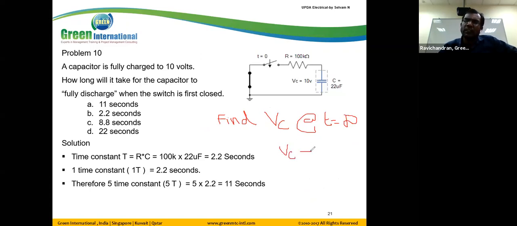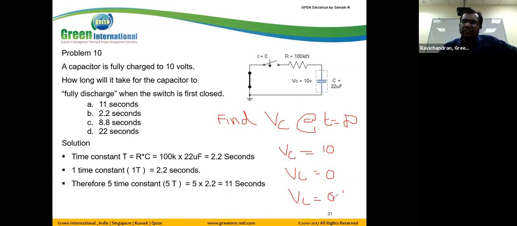Vc is equal to 10, Vc is equal to 0, or Vc is equal to 5 volts. Now they ask at t equal to infinity seconds. Infinity is greater than 5 tau, so beyond 5 tau it is 100% fully discharged. So the capacitor discharge voltage is 0. This is how we use the equations.